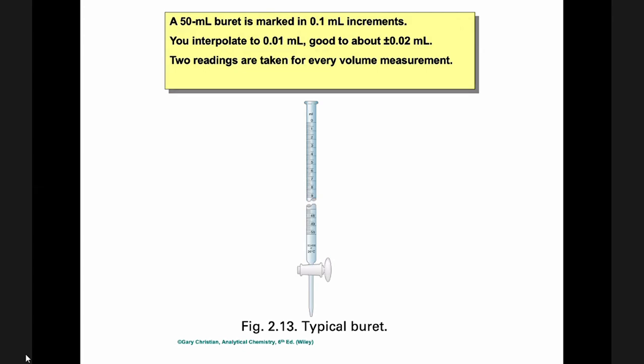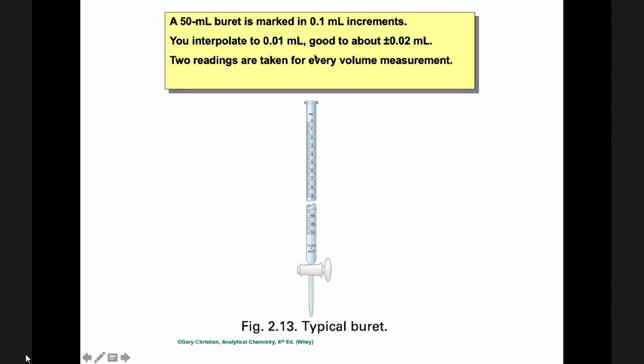Okay, so going back, there is a 25 ml burette and there is also a 50 ml burette.